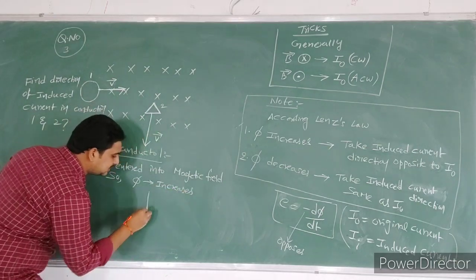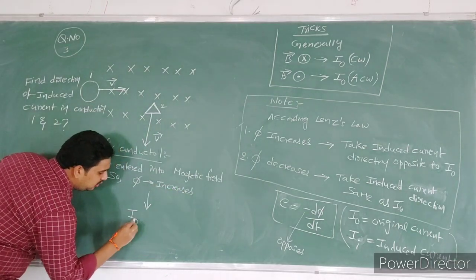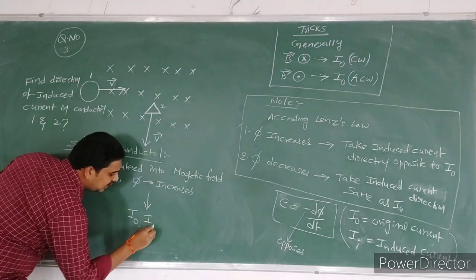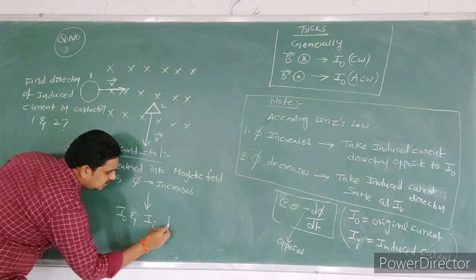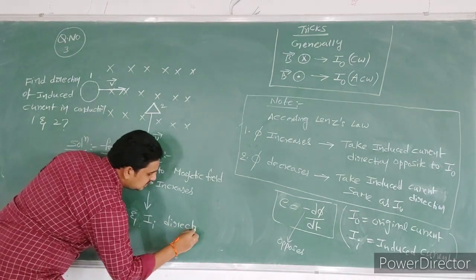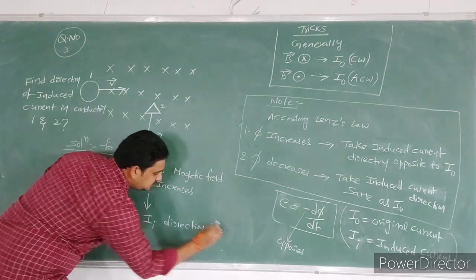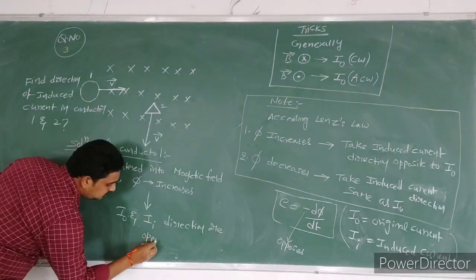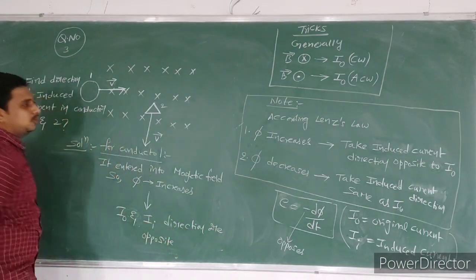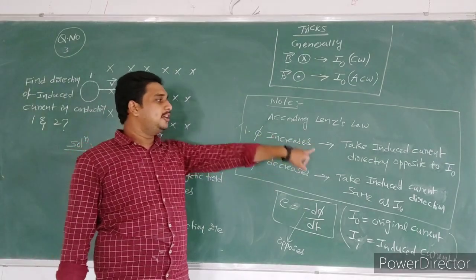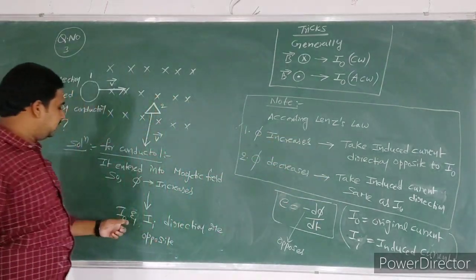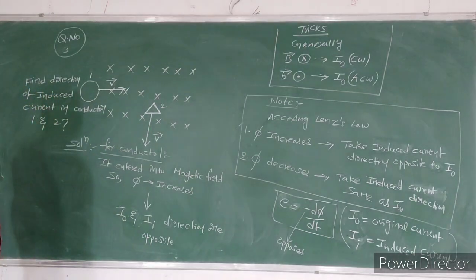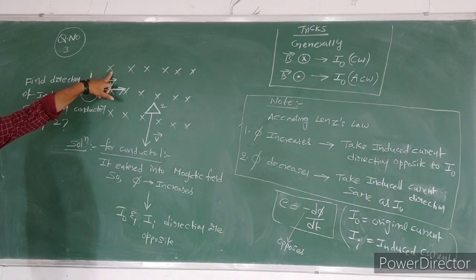Magnetic flux increases means the induced current direction and the original current direction, I0 and Ii, are opposite. So first find the original current direction. What is the field? Into the page.